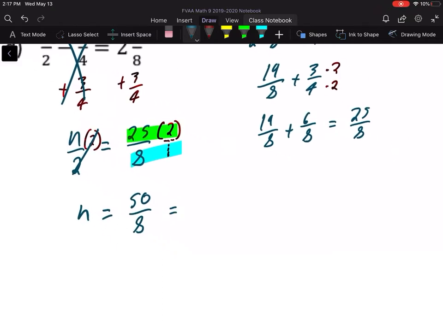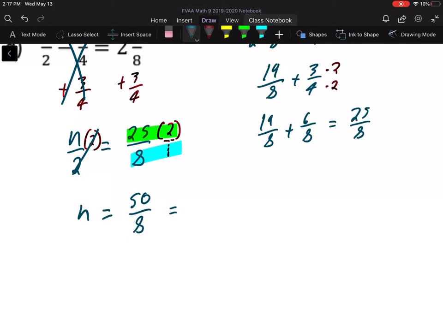And then here I can come up with a more simplified mixed fraction. 48 is 8 times 6.